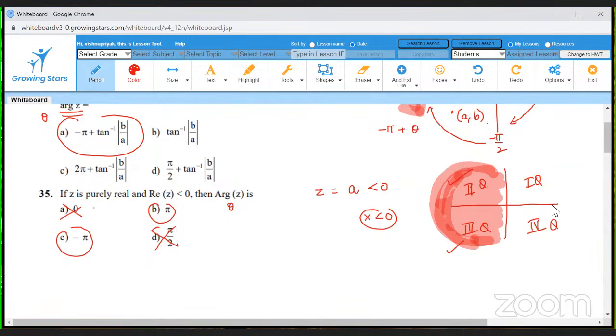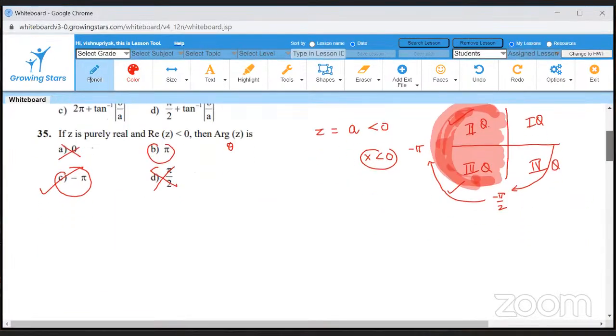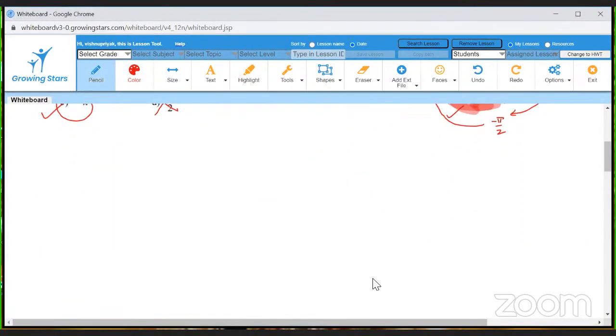Minus pi means from here to here it is minus pi by 2, and minus pi by 2 to here it is minus pi, which is in this region. So we will go to minus pi. Actually, pi also can be taken, but always we will not go for big angles. We will go for small angles.